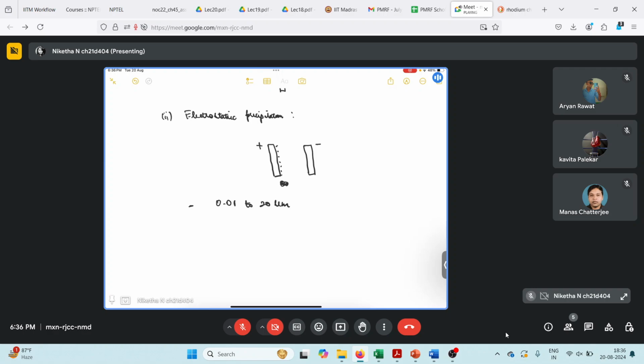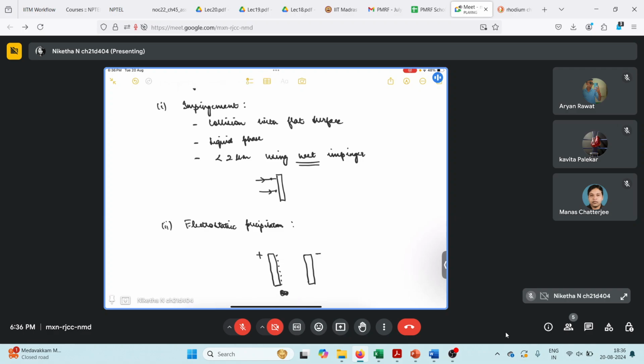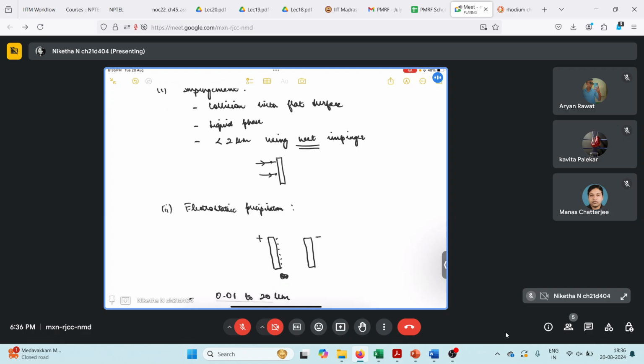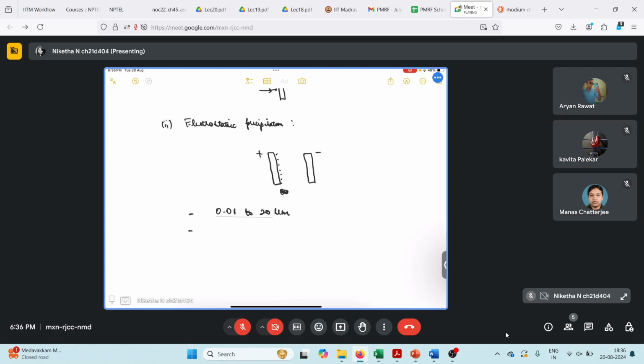This is also suitable when you have a high particle loading. When you have high particle loading, impingement will not work, because like mostly in the case of filters, when there is high particle loading, the filter pores may get blocked. So in such cases, electrostatic precipitation is a very good choice.